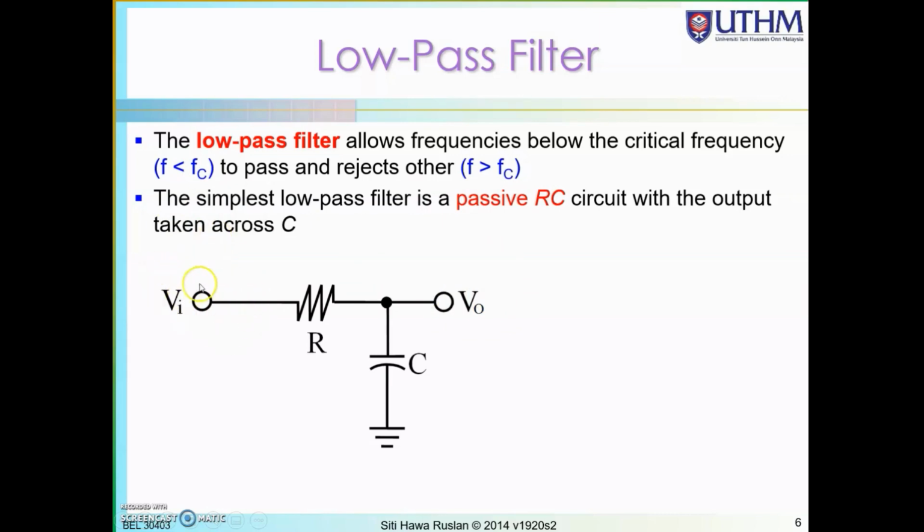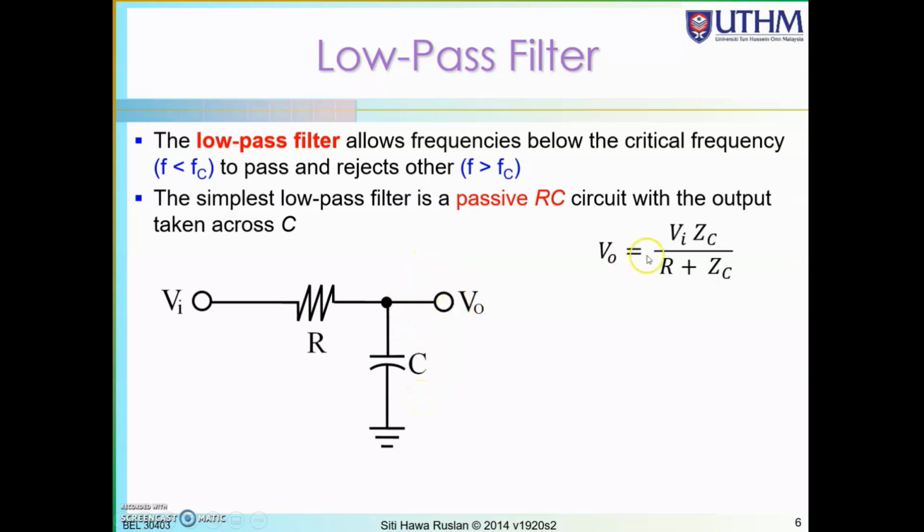But if the frequency is more than the cutoff frequency, you won't get anything at the output. This is a passive first order low pass filter because there is no active element, just passive elements R and C, and the output is taken over the capacitor.